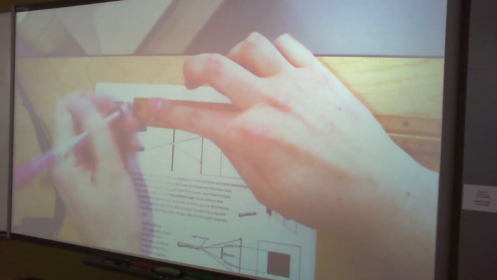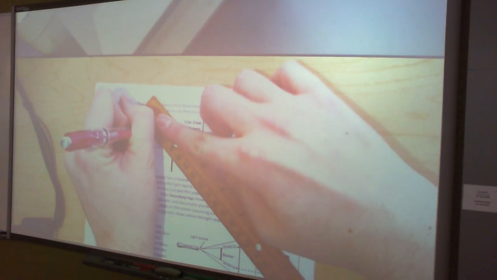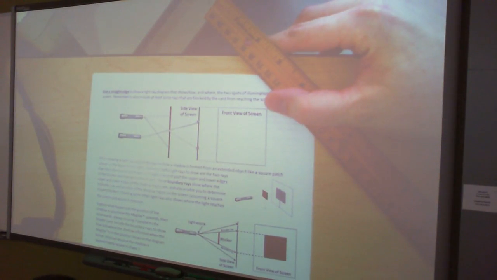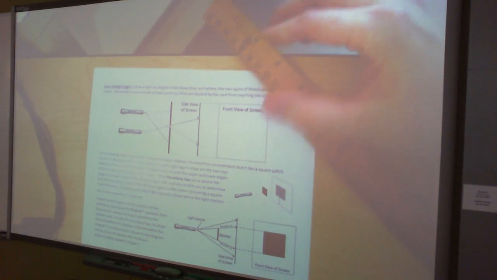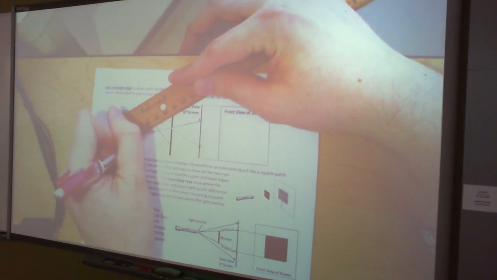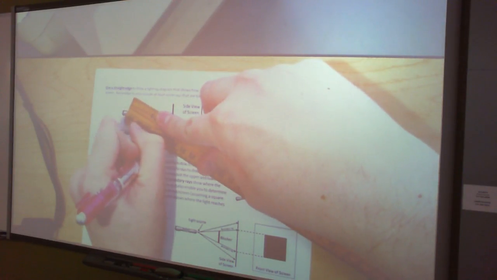Again, we still have rays moving in all different directions, right? So we can draw more rays coming from this source, but those other rays are going to be blocked out. So draw a few more rays reaching the screen, getting blocked out, and the only ray that comes through is the ray that goes through the hole.